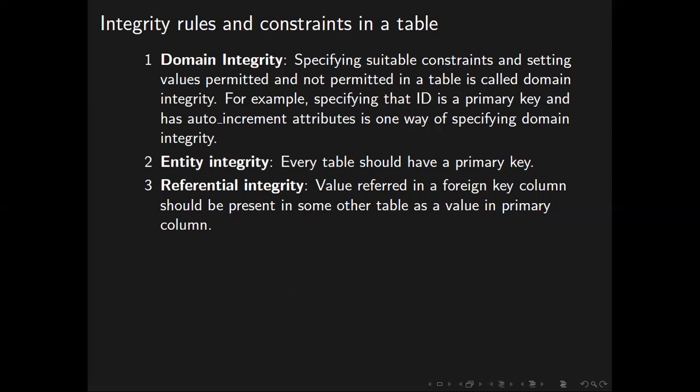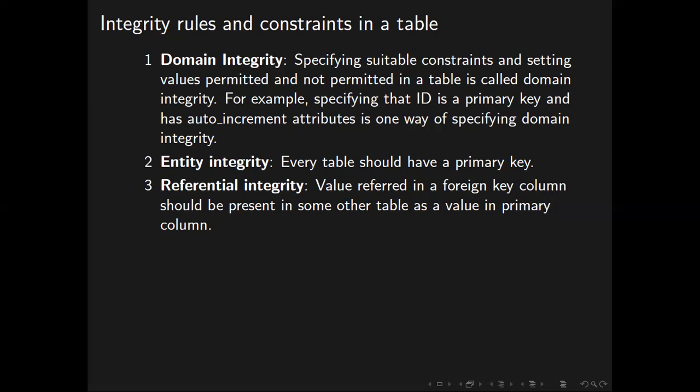If you fail to specify any value, default 0: in case any value is not provided, you take the default value of 0. That is also called domain integrity. Your data should observe particular rules. Each column should observe particular rules. It's called domain integrity.